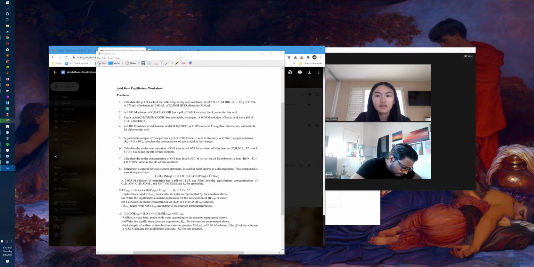So what do we do first? You take the grams and then multiply it by the ratio of grams in a mole. Yeah, gram formula mass, right? Or the molar mass. So okay, molar mass of HNO3.